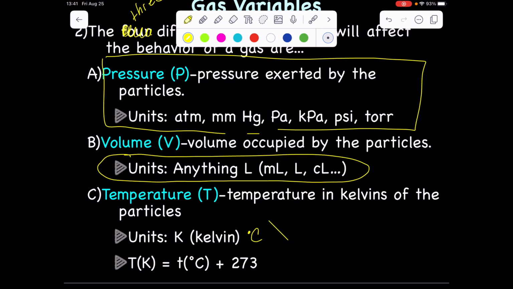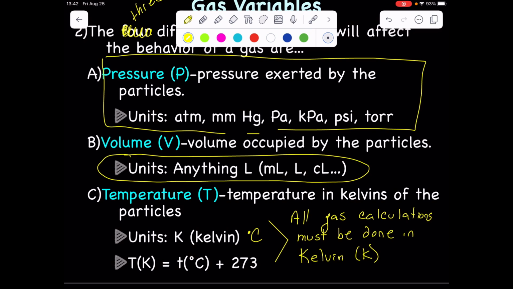And this point is super important: all gas calculations must be done in Kelvin, or K. So if I give you a problem where I give you degrees Celsius instead of Kelvin, then you're going to use this to convert from Celsius to Kelvin.